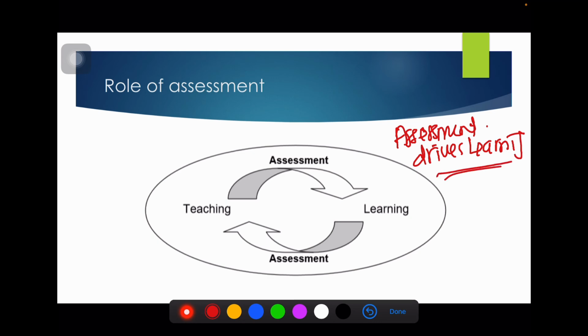Meaning to say, when you learn something, you need to be assessed so that you would be able to teach it. This is for teachers. And then teachers will use assessment so that the students actually learn something. So assessment drives learning.